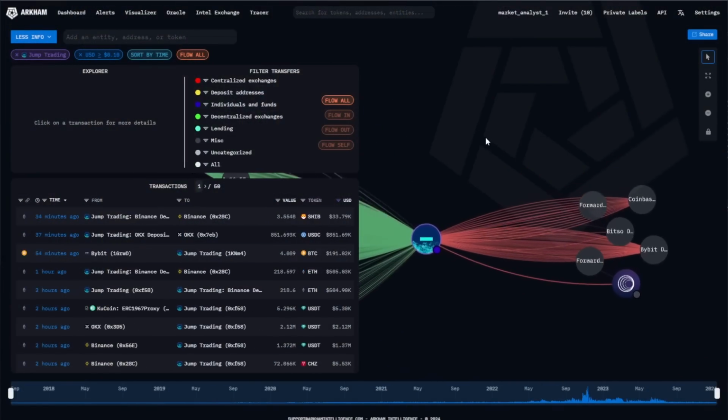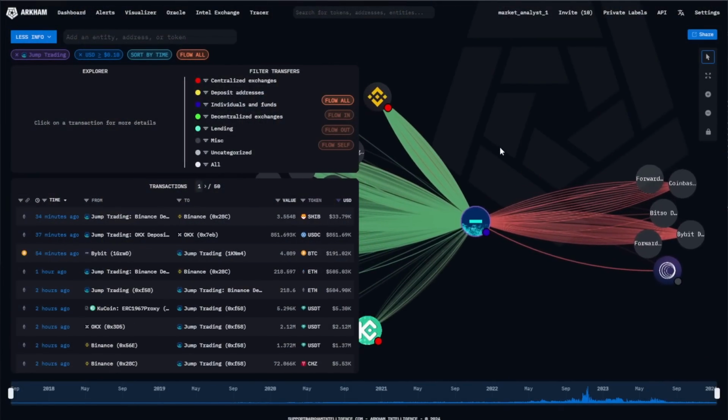And the fact that you can get this for free is just such a godsend when it comes to conducting analysis on crypto. If you can take the time to conduct proper on-chain analysis on some of these key players, you will start to spot varied trends.